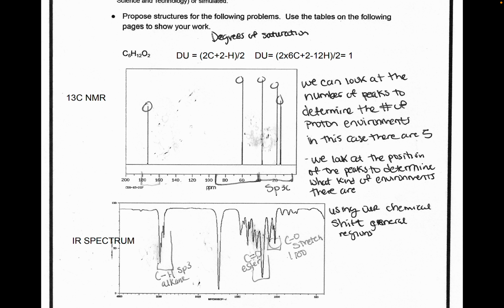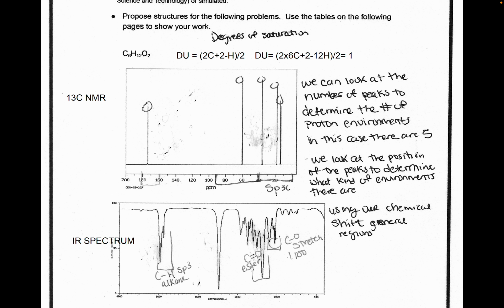Step 3, 13C NMR. The carbon NMR gives us a picture of how many different types of carbons are present. What stands out for me, around peak 175, there's a carbonyl group.